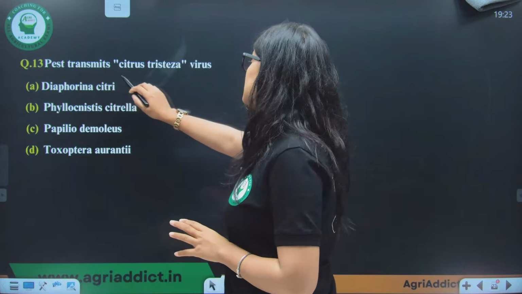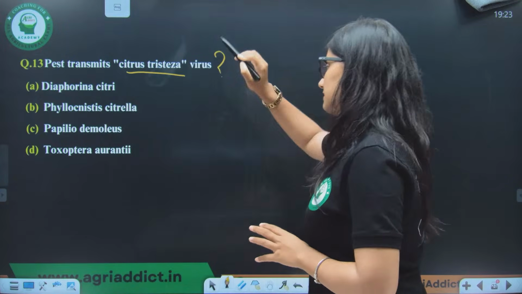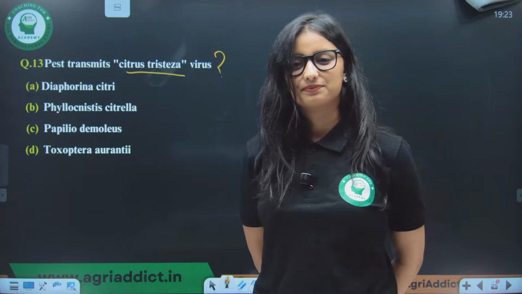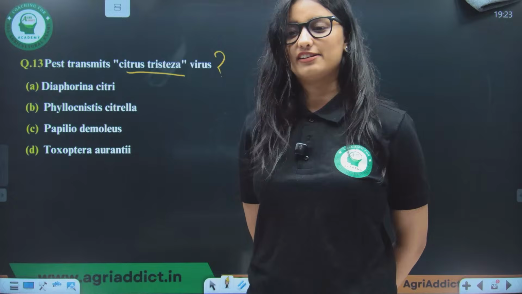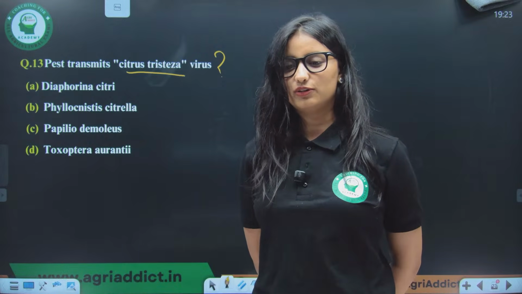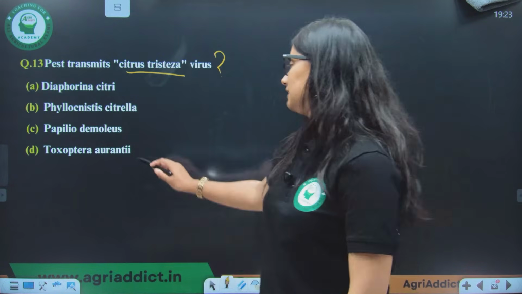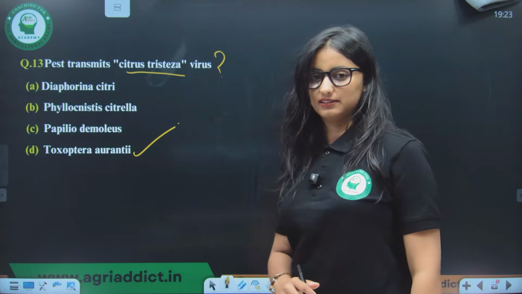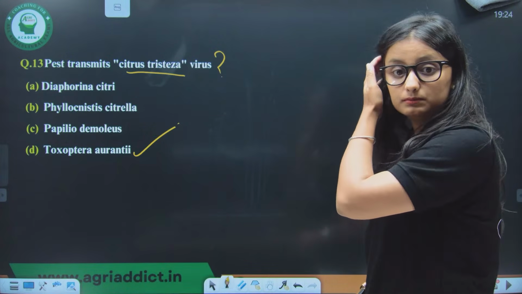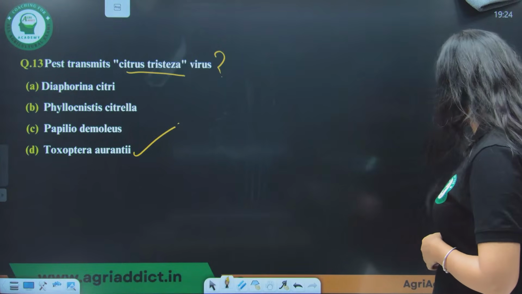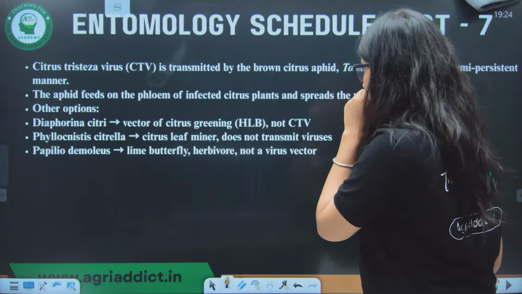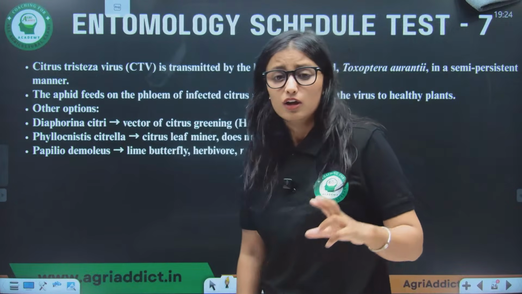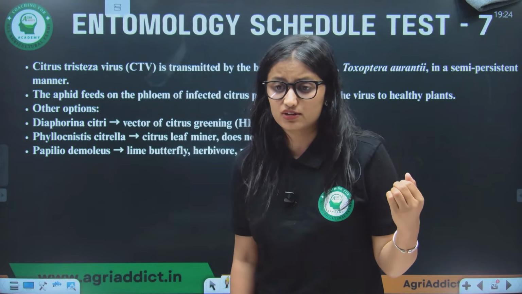Which pest transmits citrus tristeza virus? Citrus tristeza virus. Very good, very good. D. Toxoptera aurantii is the correct answer. Those who are answering Diaphorina citri, don't get confused.